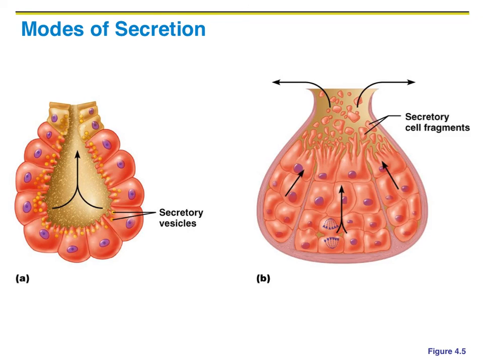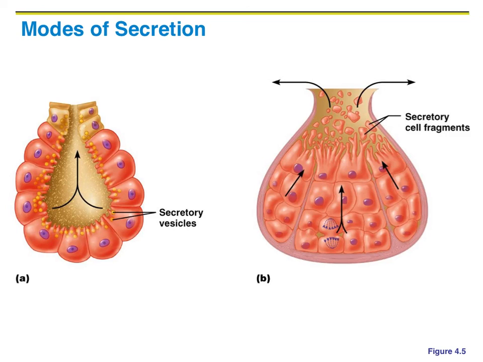This figure shows the different modes of secretion in human exocrine glands. A represents merocrine glands that secrete their products by exocytosis. B represents holocrine glands. The entire secretory cell ruptures, releasing secretions and dead cell fragments.